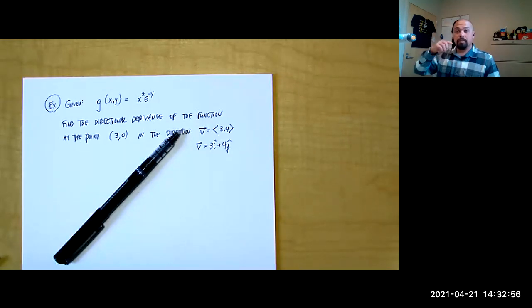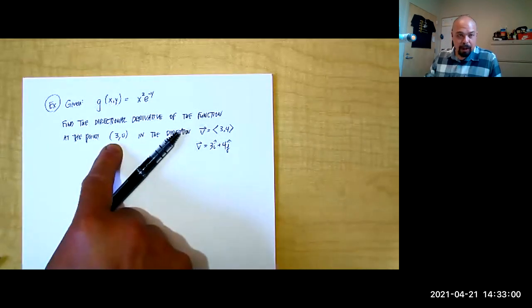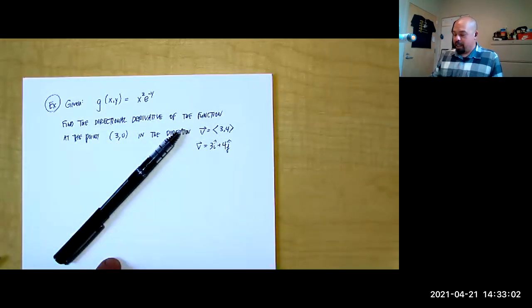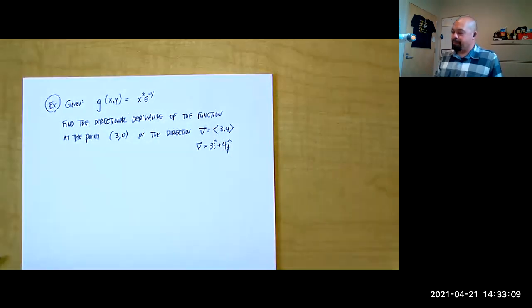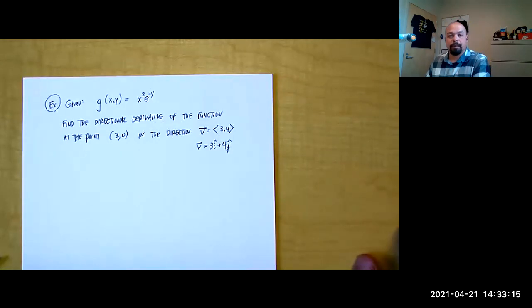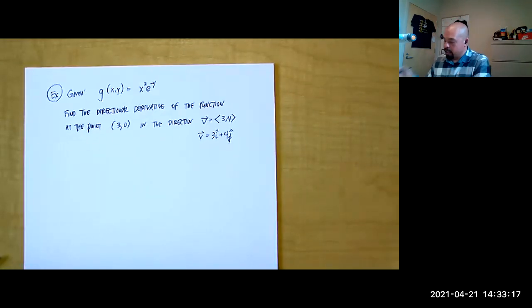What slope would we be experiencing on that surface? Above this point in particular, x is 3, y is 0, in that xy plane. I could draw the picture, but going to a graphing utility, we can certainly do so. But let's look at the calculation.